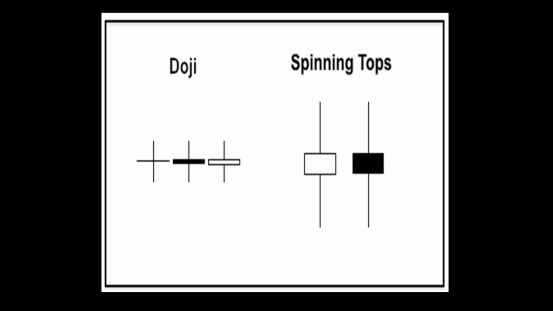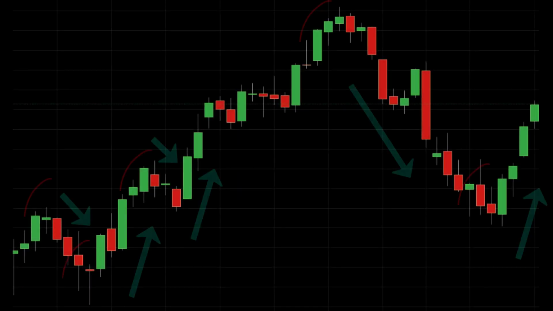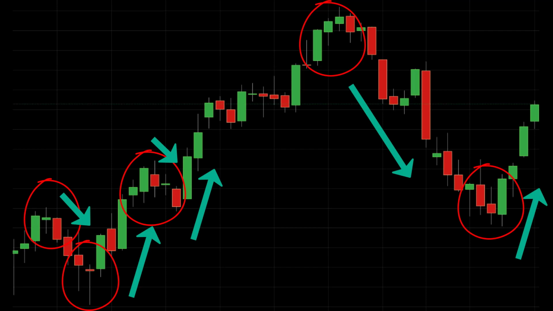It's saying that the market doesn't know what to do next. But normally this candlestick is an excellent indicator suggesting that the price is going to reverse against the previous trend it had been in. So it is a powerful, simple, easy indicator to spot on a candlestick chart.